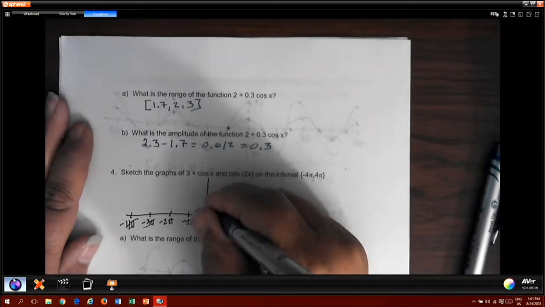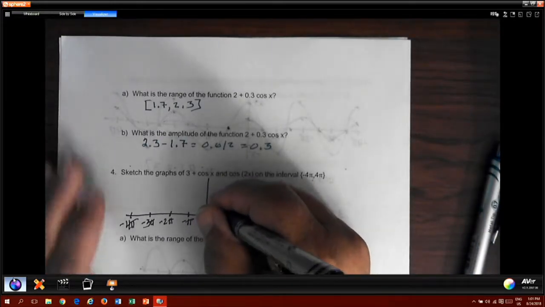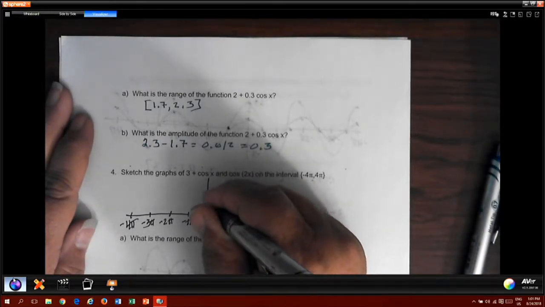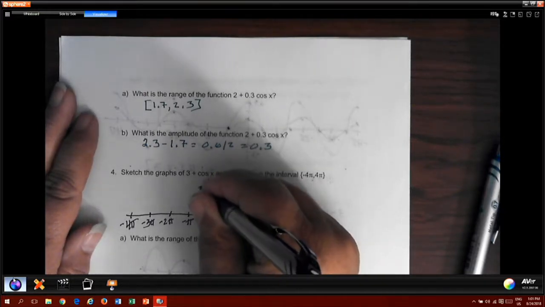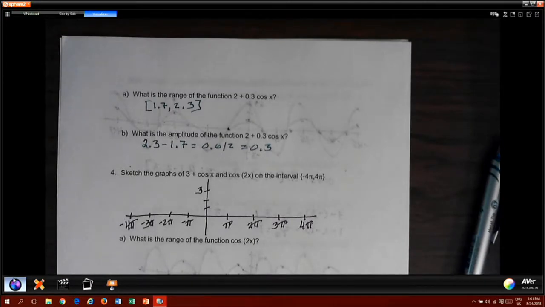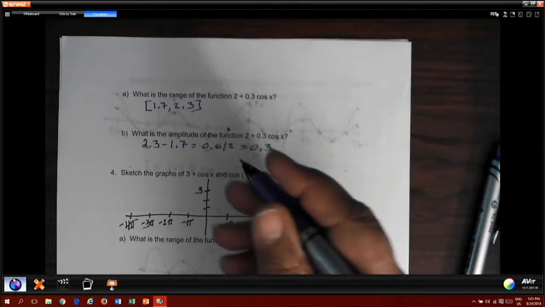So we have 3 plus cosine x, which means instead of going up to 1, we're going up to 3, but we're starting.